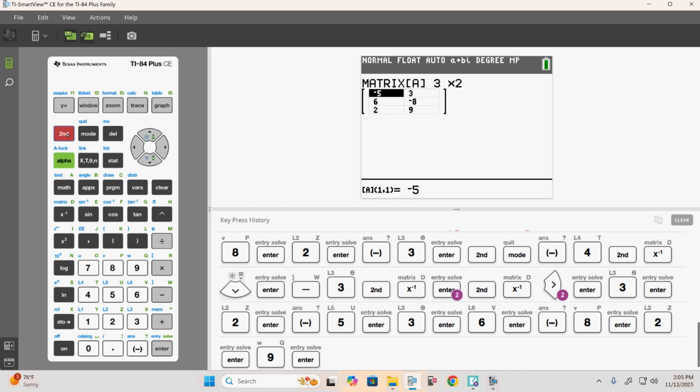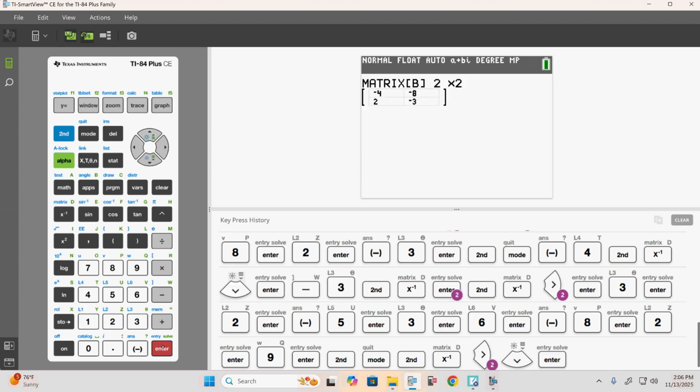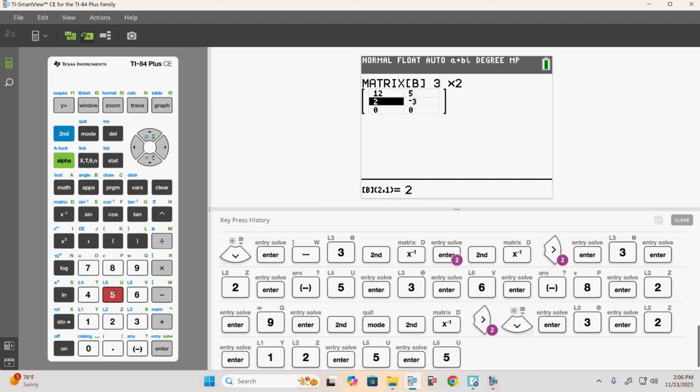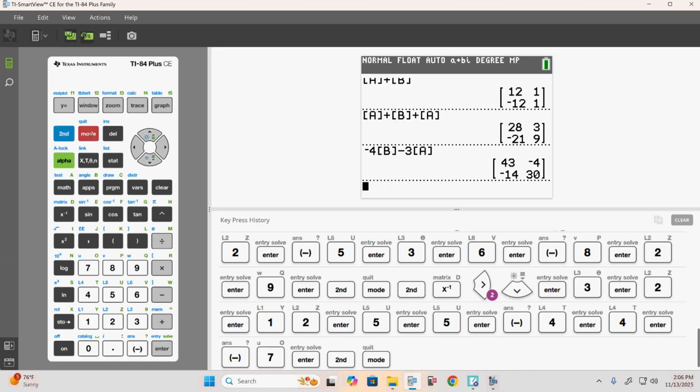Once we get it typed in, second quit, second matrix. Over to edit, we'll put matrix B in. It is also a 3 by 2. 12, 5, 5, negative 4, 4, negative 7. Second quit.